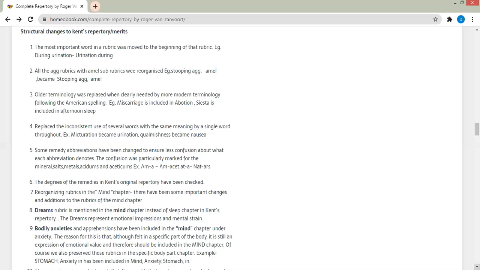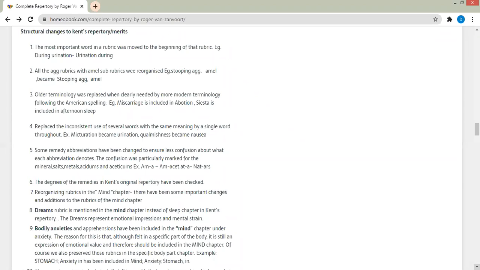Then the structural changes in this repertory, or the merits of this repertory. The most important word in a rubric was moved to the beginning of the rubric. For example, "during urination", this point we also discussed in the last lecture, that the important word was moved to the beginning of the rubric. In the Complete Repertory we find "urination, during".